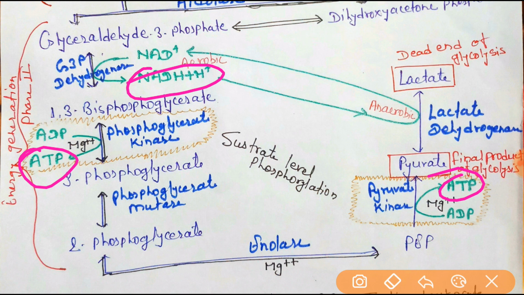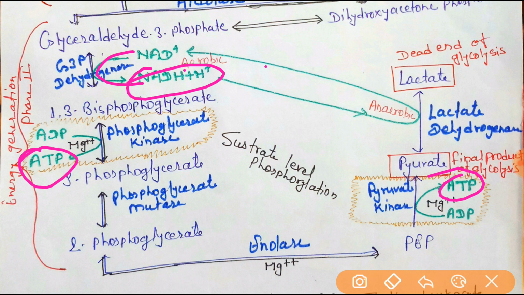So this is the phase 2 reaction, also known as the energy generation phase or payoff stage. Here NAD plus is converted to NADH plus H plus. That means hydrogen is added, so it is reduced.